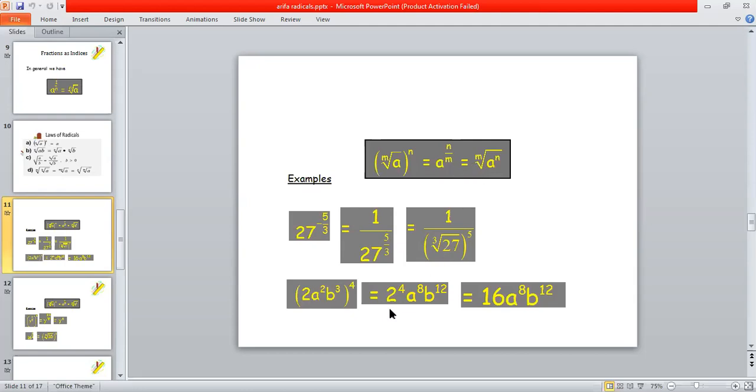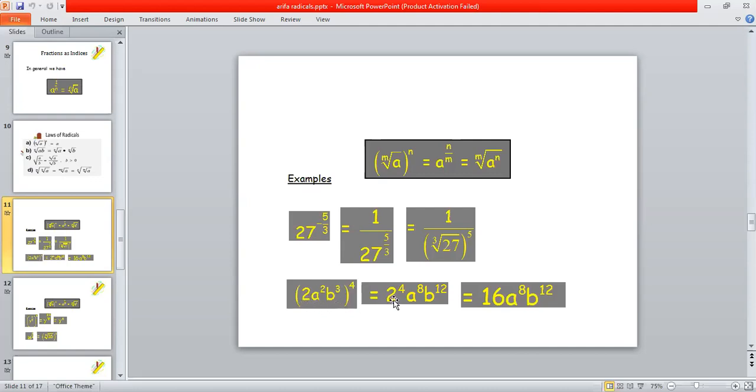So follow this rule. Now there is another example, (2a^2 b^3) whole power 4. There are three terms, one is arithmetic and the other two are algebraic. And the whole power is 4. It means 2 to the power 4, a squared to the power 4, b cubed to the power 4. Now we discussed the earlier laws of indices. If there is power to power, then you simply multiply.